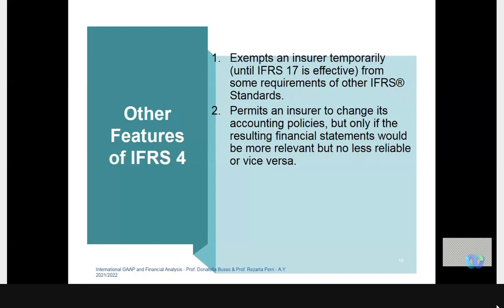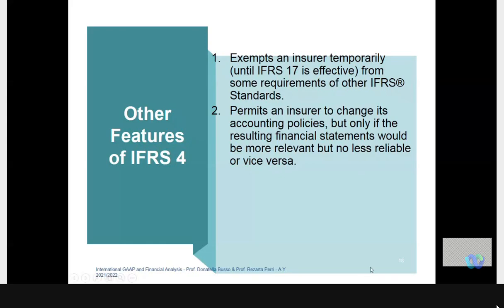But once it has chosen the method, it should not change the method of valuation after 1 year or 2 years. Basically, we have to apply the financial reporting standards in a consistent manner. And this is what IFRS 4 is saying here.